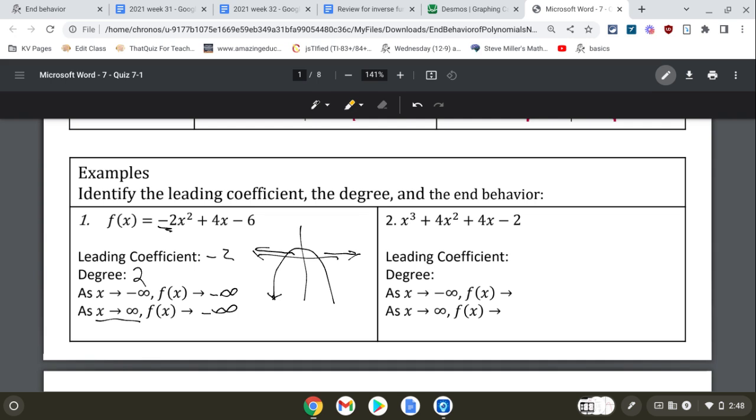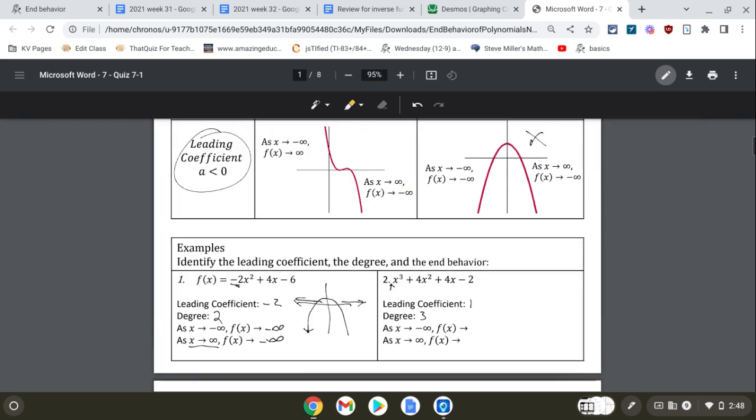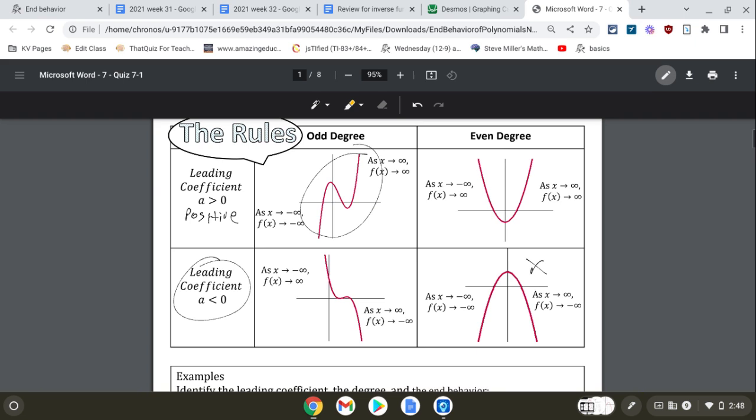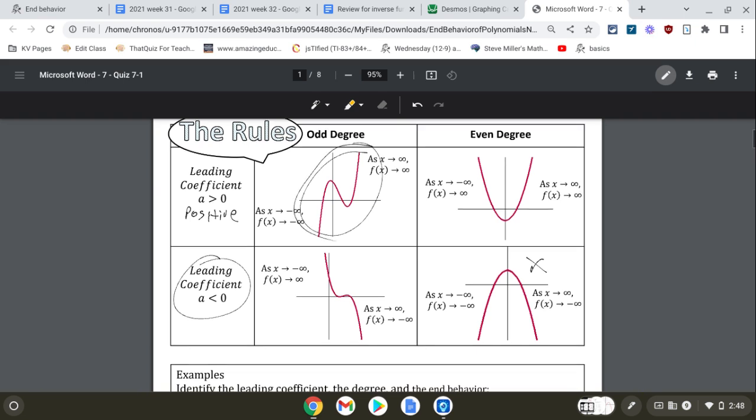For example 2, the leading coefficient is this number here. Okay, that is a positive. That's the important part. The leading coefficient is positive, and the degree is 3. It's an odd number. Okay, so because I have a positive and odd degree, I know that my general shape is going to look like this.